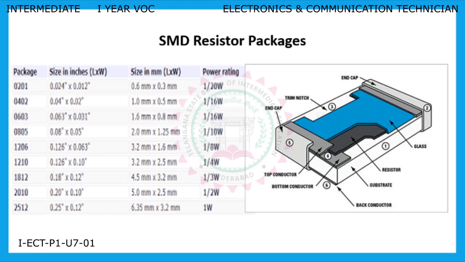This is the cross section of this SMD resistor package. You can see the package numbers like 0201, 0402, 0603, 0805, 1206, 1210, 1812, 2010, 2512.